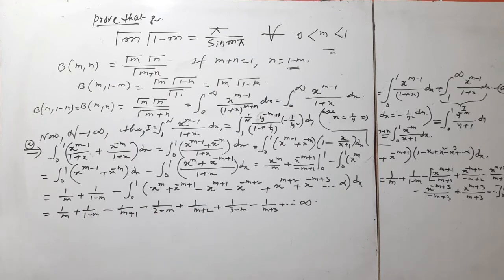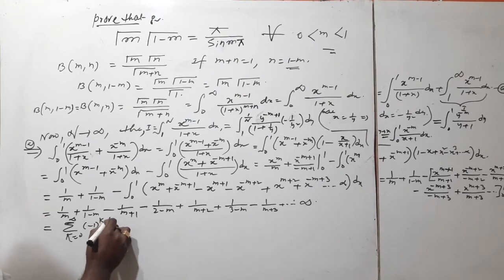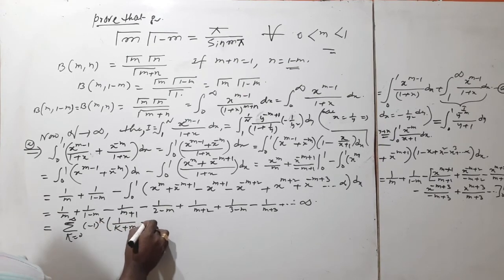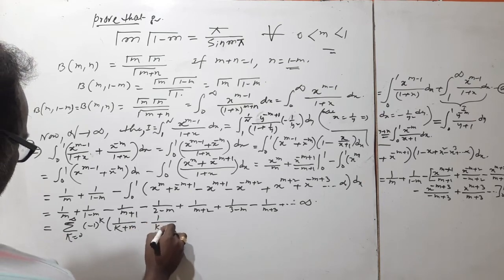So we got the series here. And this is actually the summation from k equal to 0 to infinity of minus 1 whole to the power k, and this is 1 over k plus m minus 1 over k plus 1 minus m.